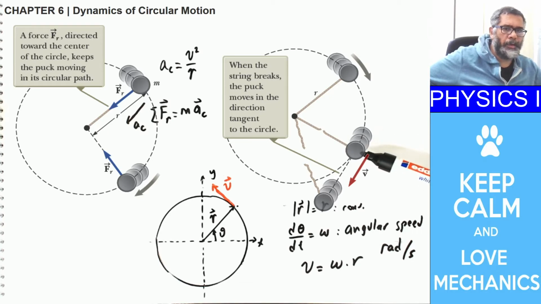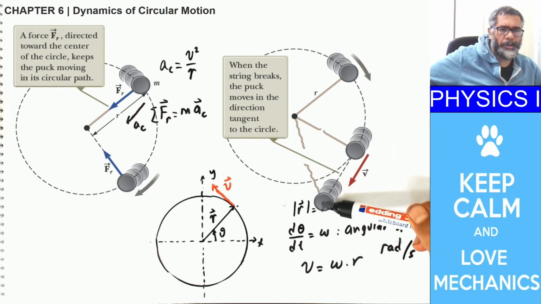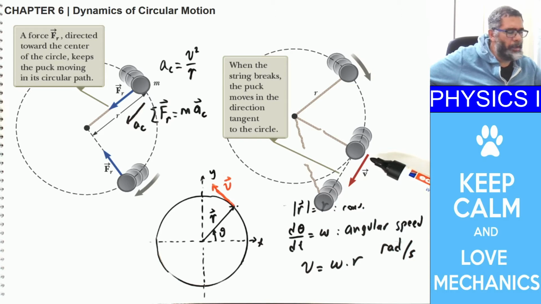So from this point on, whatever the tangential or circumferential velocity vector was at the point where the string breaks, the puck will go with that constant velocity, and the puck will move on a straight line in this direction. It won't change its velocity vector or its direction, so it will just have constant velocity motion from this point on.